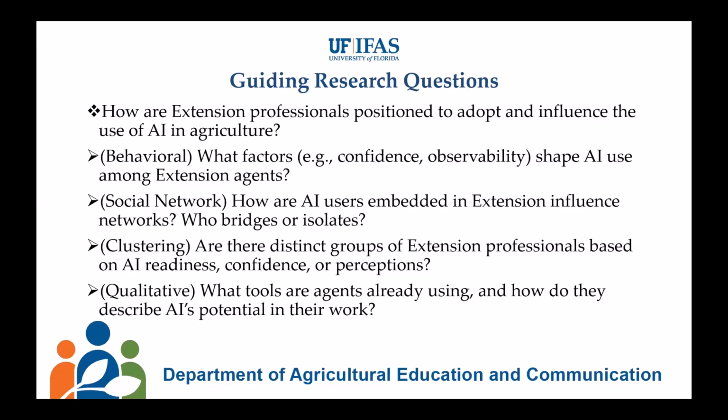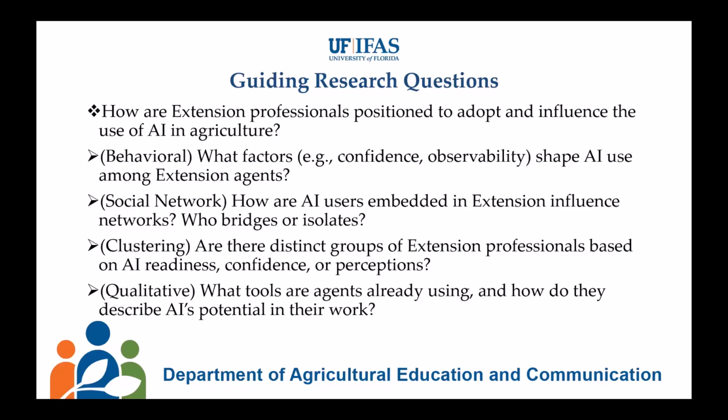So what are the questions? We wanted to have some kind of information. Number one, how are extension professionals positioned to adopt and influence the use of AI in agriculture? For the behavioral question, observability and confidence shape AI use, and social network is something we hypothesize, that AI adoption is about the network. I can influence someone and show how to use AI, and vice versa.